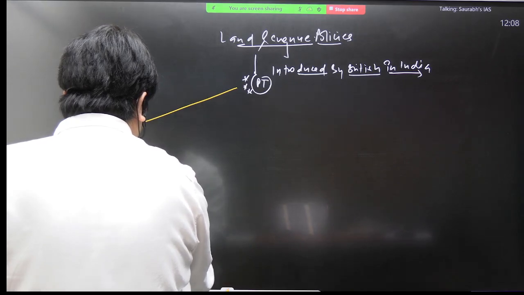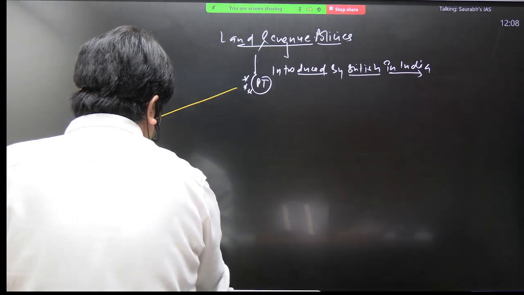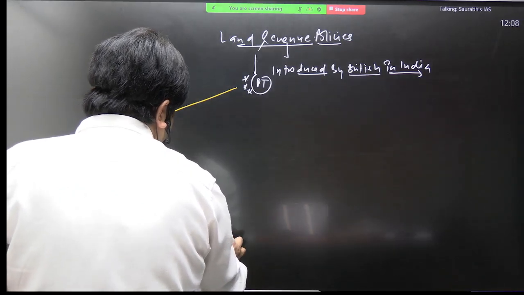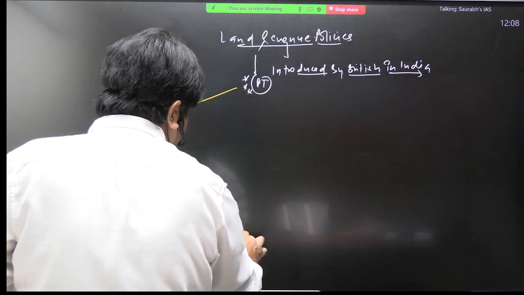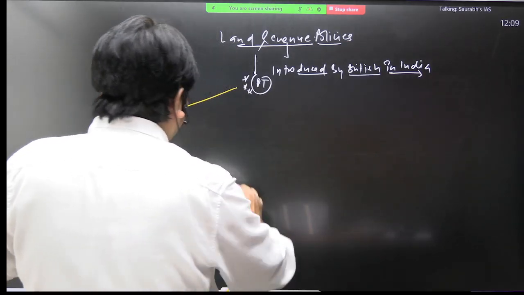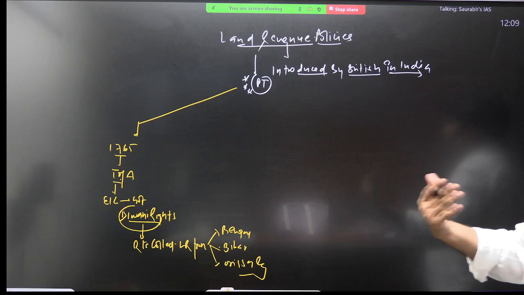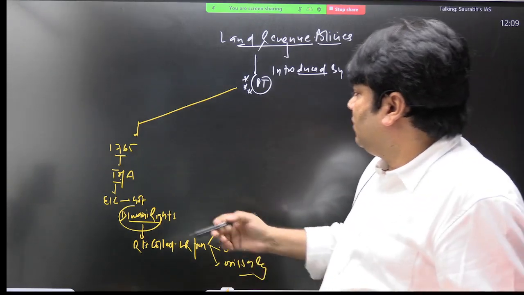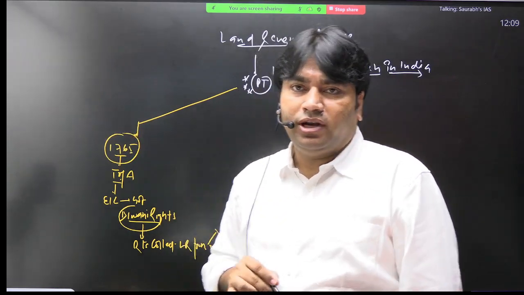This is the right to collect land revenue from the Bengal, Bihar and Odisha region. You will draw this chart, then we'll enter into the topic because it will be helpful for your revision. 1765, this is the first topic that we need to correlate.